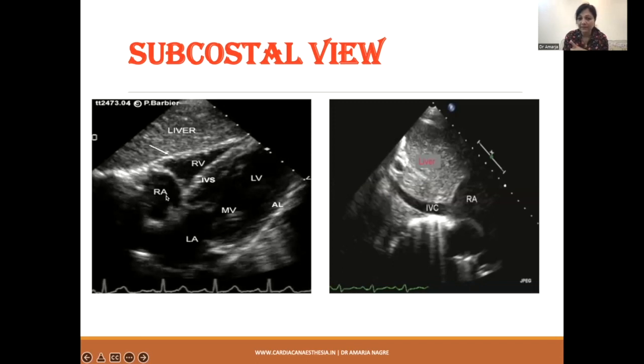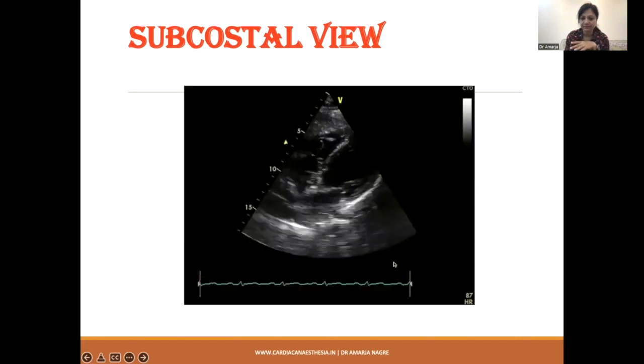The main thing is, if you manipulate your probe a little bit, you can see some tubular structure opening in the RA, which is always the IVC, that is the inferior vena cava. Okay. So from the subcostal view, we can very well interrogate RA, tricuspid valve, RV, interatrial septum, interventricular septum, LA, mitral valve, LV, and also the IVC.